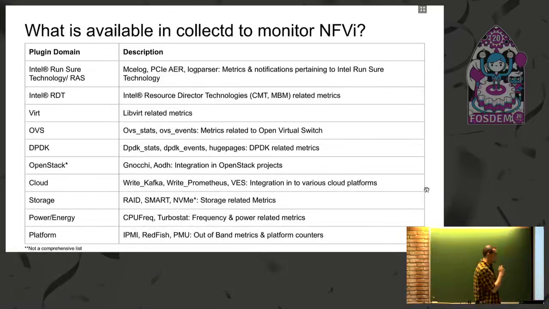Intel Resource Director Technology allows you to monitor per process ID or per core your cache utilization of the last level cache or memory bandwidth.